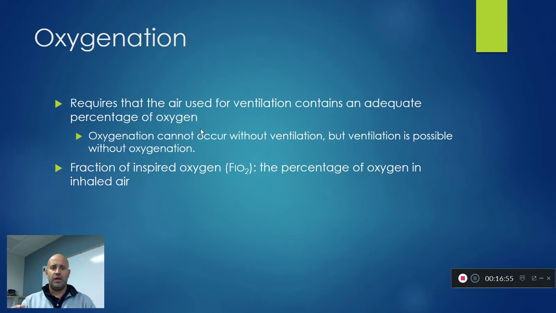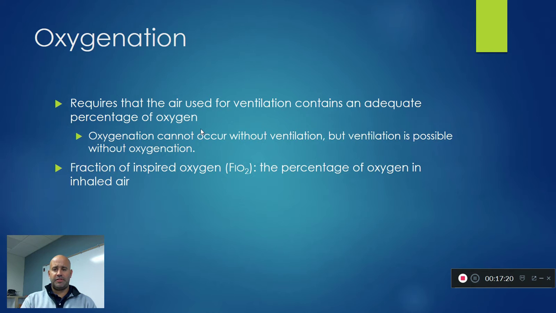What happens with a normal, healthy person? They inspire 21% oxygen from the outside environment. That's the fraction of inspired oxygen. 21% in room air is inhaled. That 21% saturates my hemoglobin to 94 to 99%, 100%, depending on the lung health.